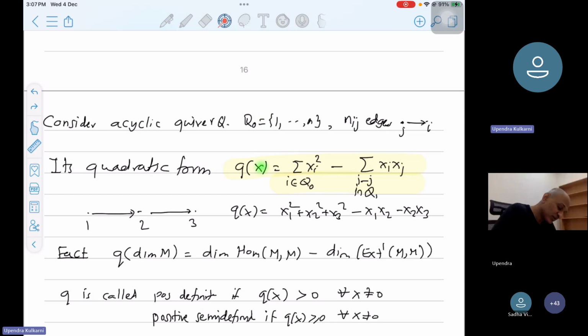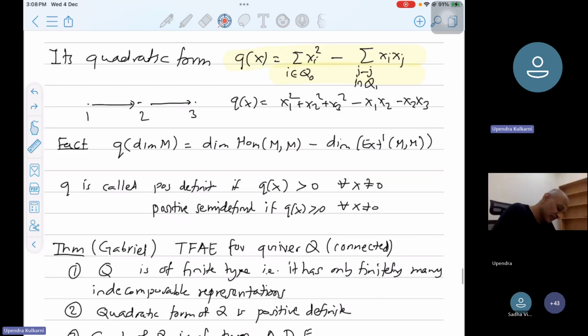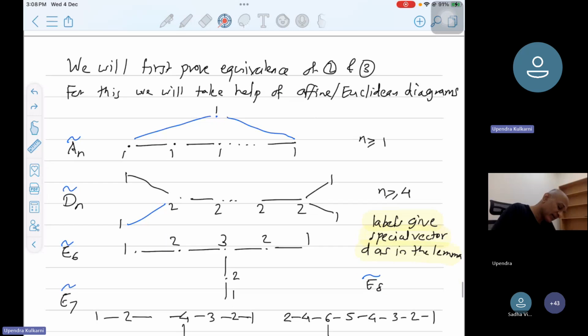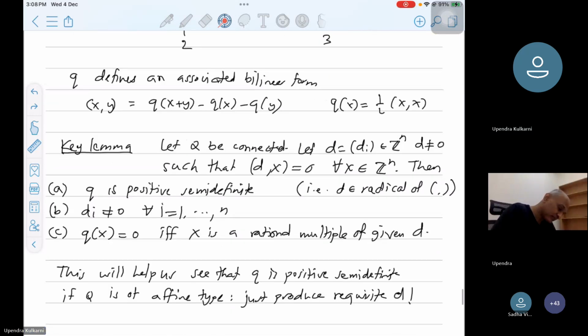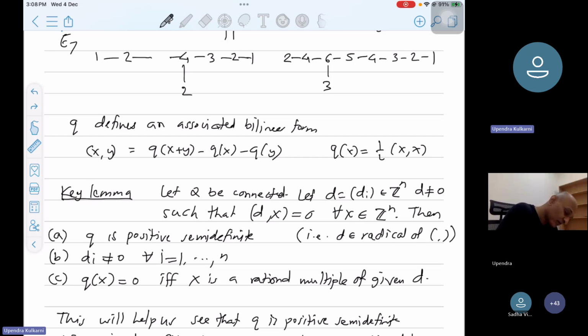So this gadget over here is something that takes n integers and produces a number. Therefore, its associated bilinear form is going to be a bilinear form on Z^n, where n is equal to the cardinality of Q naught.